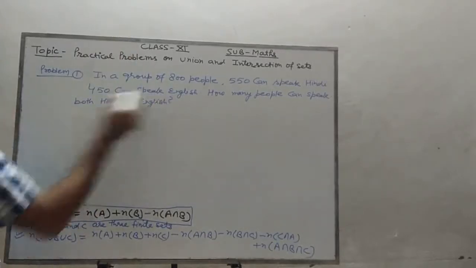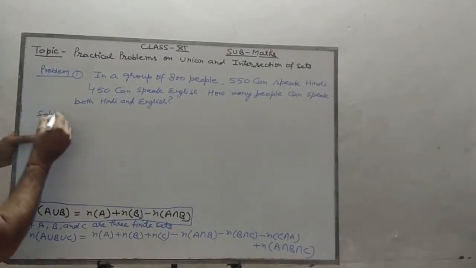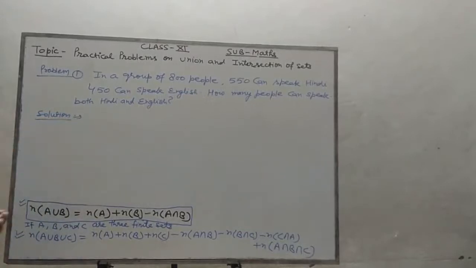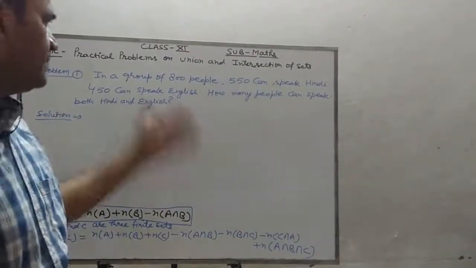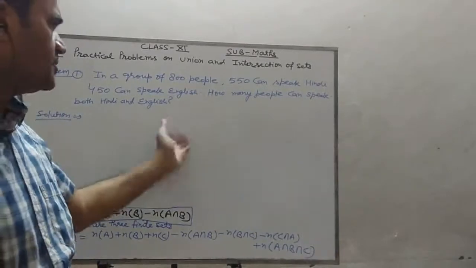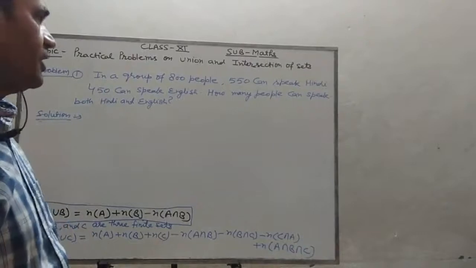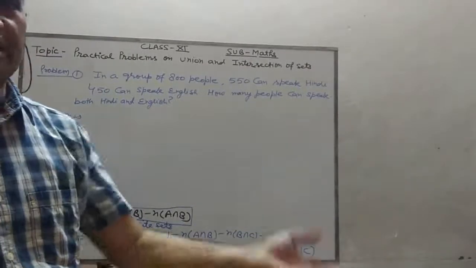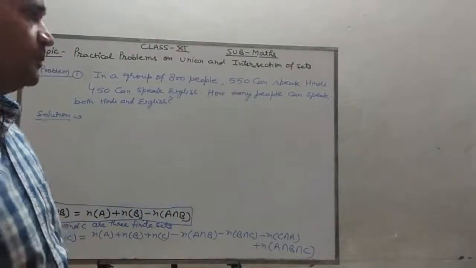We have to find. So let us understand. There are two groups of people. One group speaks Hindi, another group speaks English, and there is a third group in which the students speak both Hindi as well as English. We want to find the number of pupils in the third group.